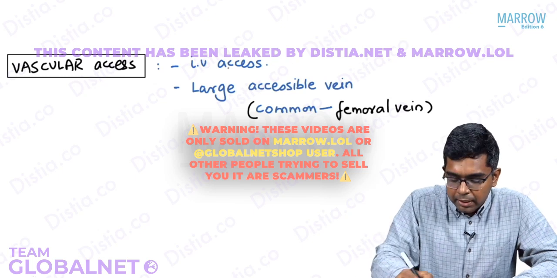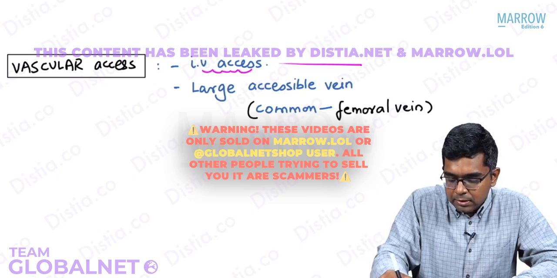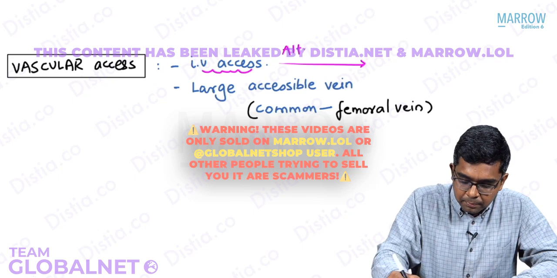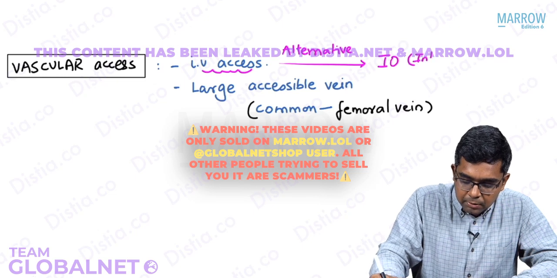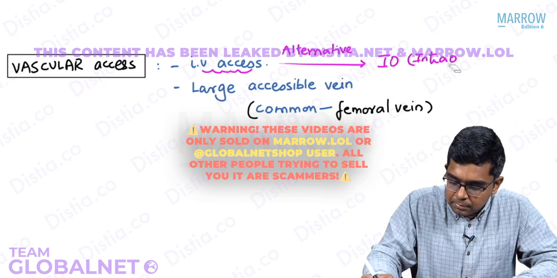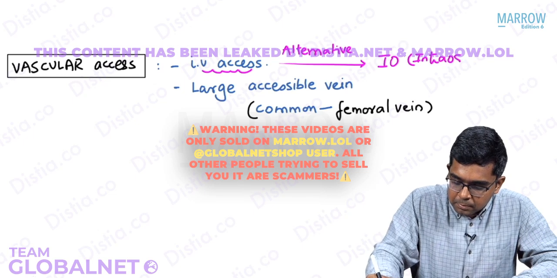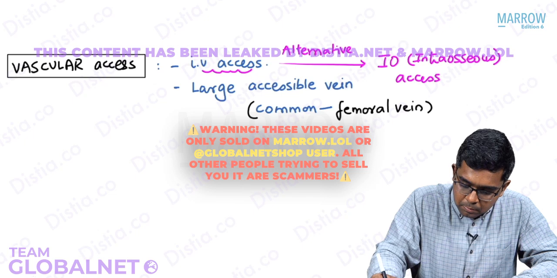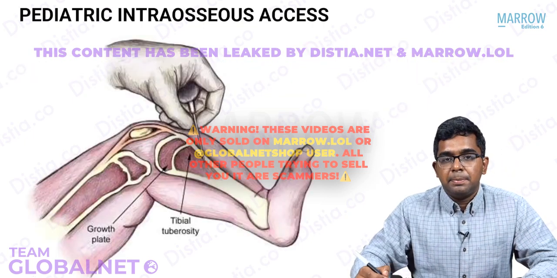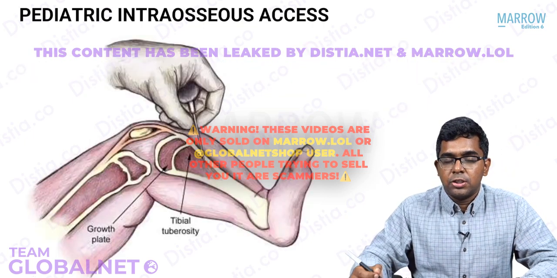Suppose you don't get an IV access, then what is the alternative? You can go for intraosseous, IO, that is intraosseous access. This picture depicts how to get an intraosseous access.